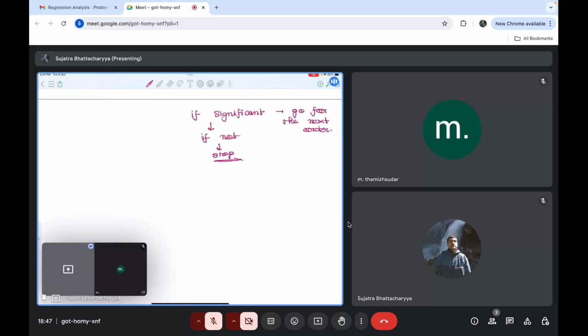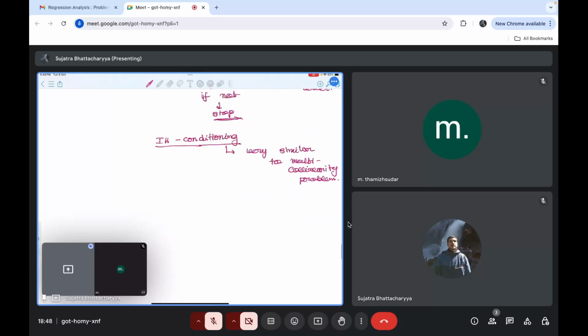Okay. So the next concept is ill conditioning. Ill conditioning is very similar to the multicollinearity problem which we discussed two or three lectures before.